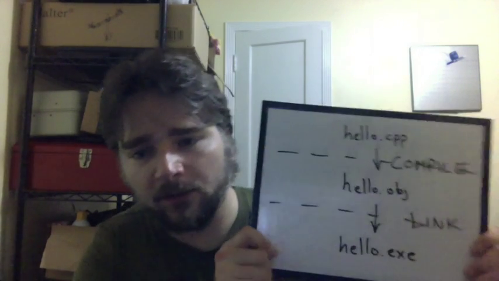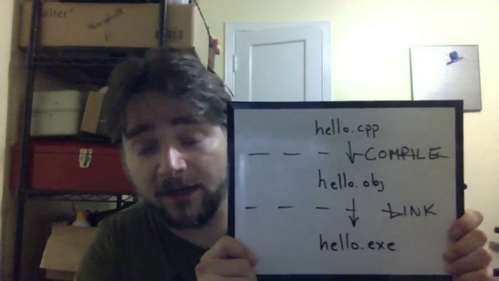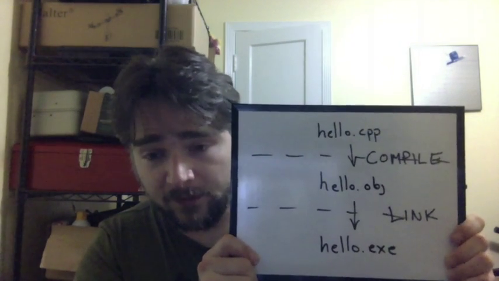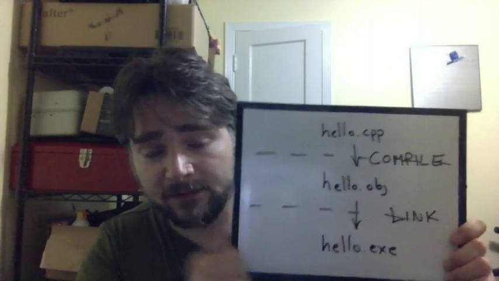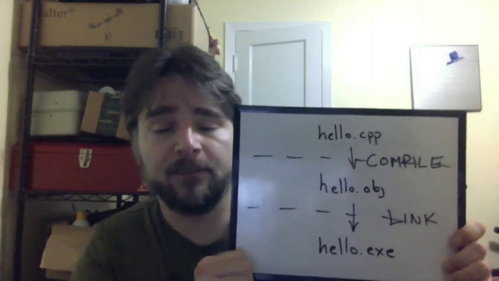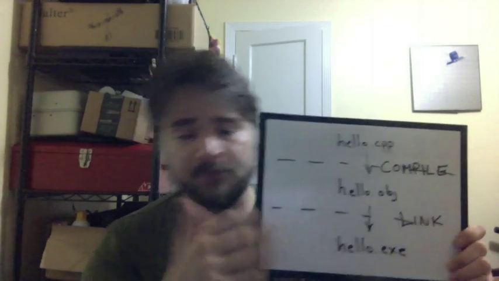When we go from hello.cpp to hello.obj, that's compilation. When we go from hello.obj to hello.exe, that's linking. So why is it two steps? Well, in this case, it doesn't really make sense. We have just one file, and we're doing two things to it.